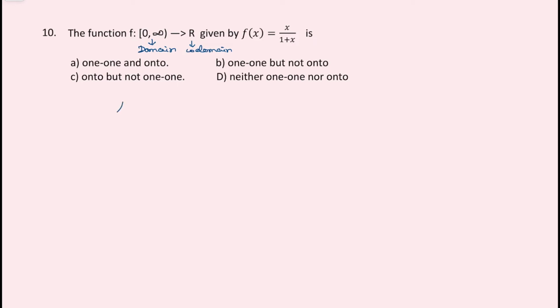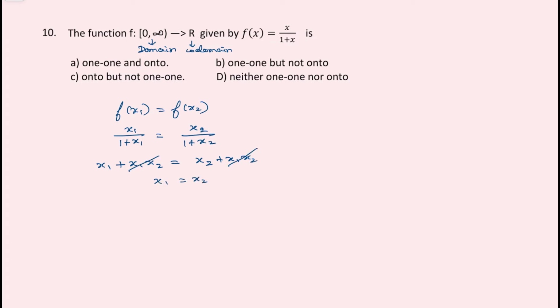To check whether it is one-one, we take f of x1 equal to f of x2, and we have to arrive at the result x1 equals x2. This is x1 upon 1 plus x1, and this is x2 upon 1 plus x2. Let us cross multiply. x1 plus x1 x2 is equal to x2 plus x1 x2. So we get the answer x1 equals x2. Therefore, it is a one-one function.